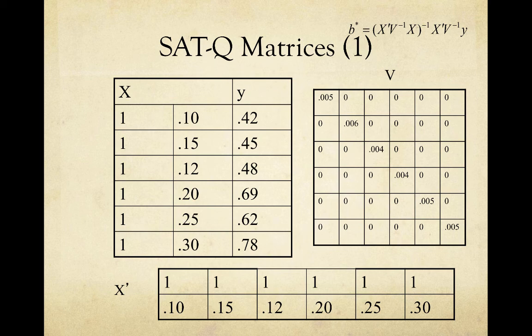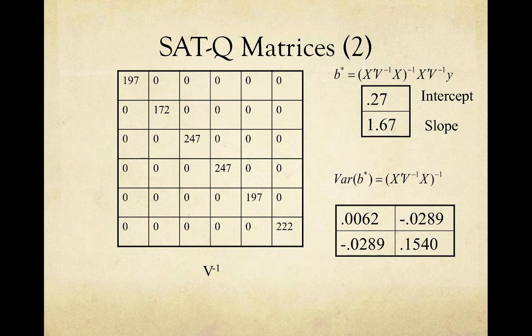And then in V, we've got off-diagonal elements of 0. We've got a diagonal matrix that has little numbers like 0.05, 0.06, so those are 1 over n minus 3, the error variances. And X prime, you can see, is we just flopped it over on its side.